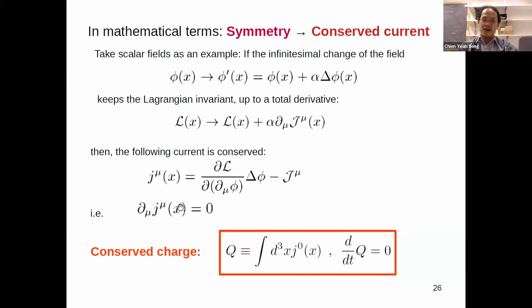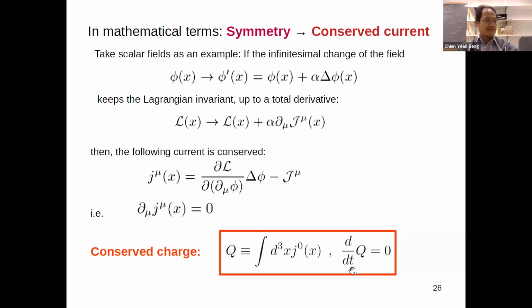Using this conserved current, one can define a so-called conserved charge, which is the spatial integration of its 0 component. You can show that the time derivative of this conserved charge Q is 0, namely it is invariant over time.